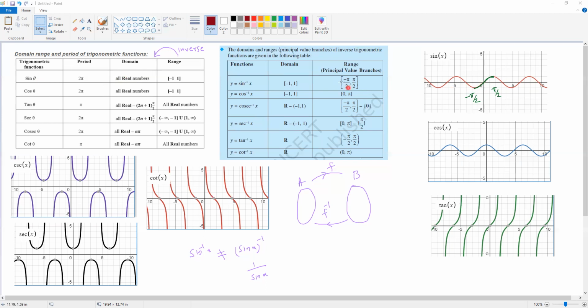That is known as the principal value branch. Even if you forget everything, just remember these principal value branches.